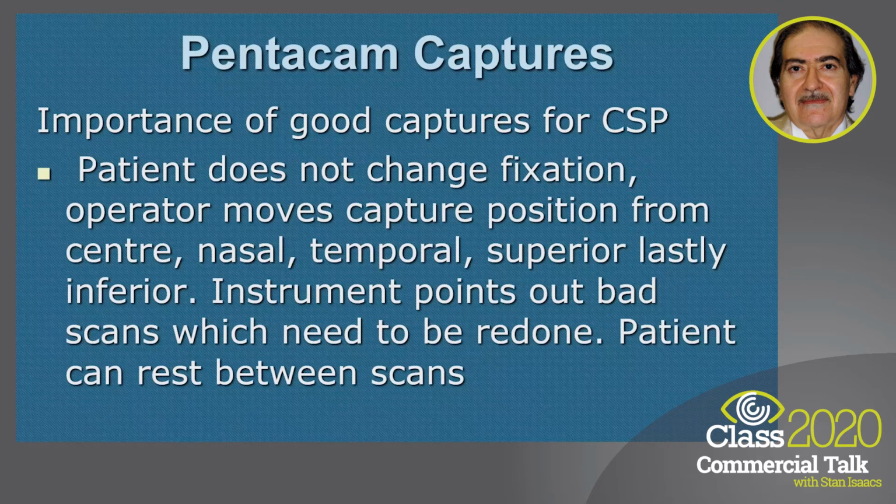These are really bad scans, but after you look at all the scans, you can tell, even if they're slightly bad, and the machine doesn't warn you, you still have to have it redone. The other good point is that once you finish one scan, after you have to do 5, you can stop, adjust the patient, let the patient rest, close their eyes, go to the next patient.